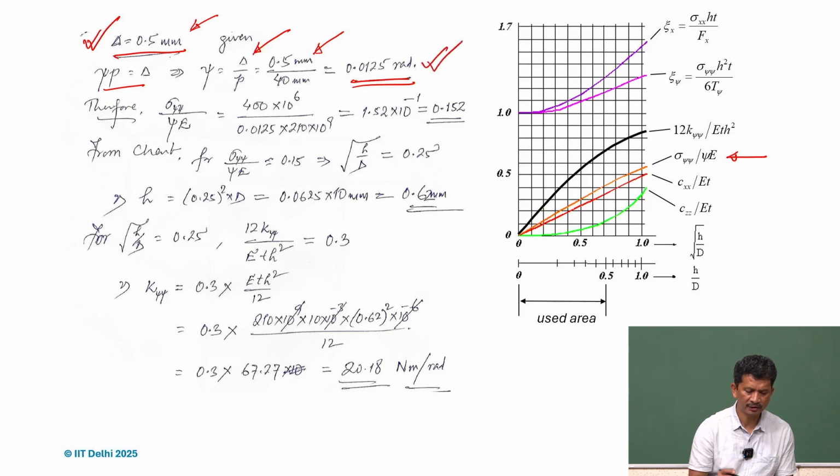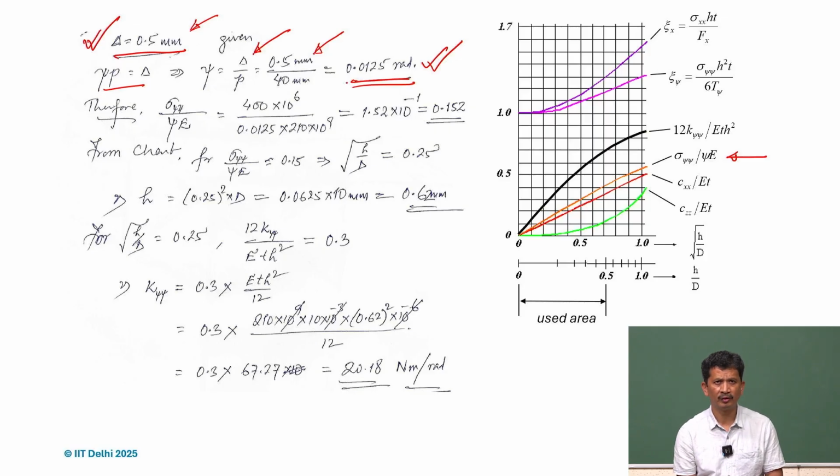Also remember that the angular deflection will be in radians, so be aware of that. Once we put the values, 0.5 by 40, we get 0.0125 radian.